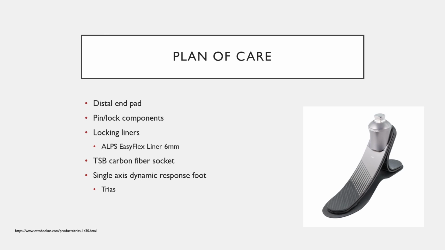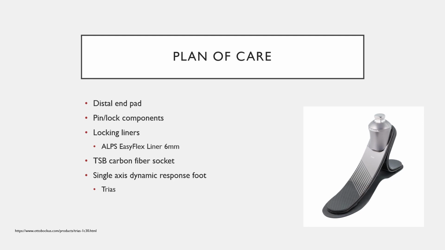Now, TSB carbon fiber socket. Carbon fiber is a standard socket design and should work very well for him due to its lightweight and its high strength. And he's not so heavy that he needs something stronger. So that should be totally fine. Now for the single axis dynamic response foot, we chose the Trias, which you can see here, and that's from Ottobock.